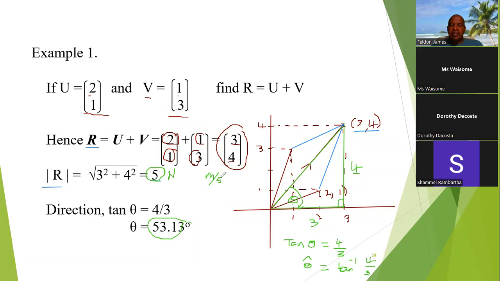So if you're writing meters per second, you can write it like this, or you can write it like this, meters per second raised to the -1, all right? So if you're not using newtons and you're using velocity, you would use this unit instead of newtons. Is that clear, guys?